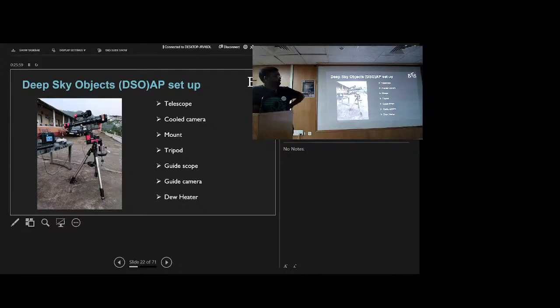A finder scope, you use during visual astronomy to guide your actual scope. A guide scope will have a wider field of view. If you align the finder scope with your main scope and locate a star, you will also see it in your main scope, right? Likewise, this is for the photography.